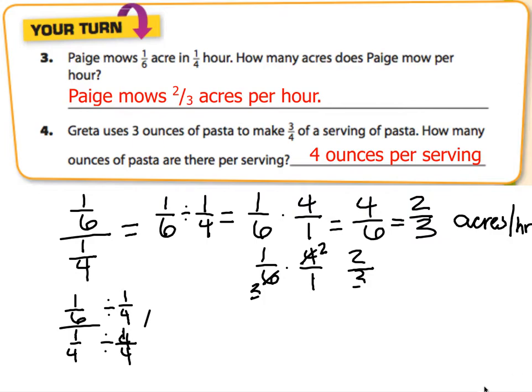Sorry, once I get down to the bottom of the page, the pen gets a little crazy. Because we know that this gives us 1, and then based on the math, this gives us 2/3. Okay, so this is 2/3 acres per the 1 hour.